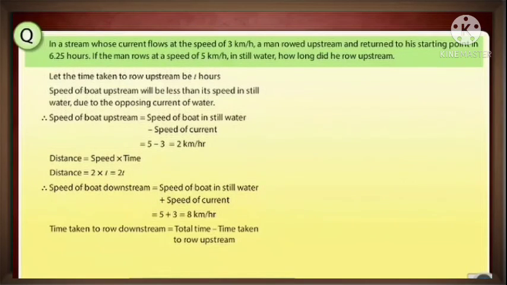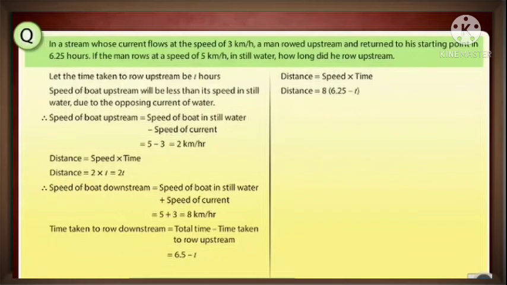Since the total time taken for this man to row upstream and return to the starting point is 6.5 hours, the time taken to travel downstream will be 6.5 minus t, since t is the time it takes for him to row upstream. So, the distance traveled downstream will be equal to 8 times the time taken to travel downstream.